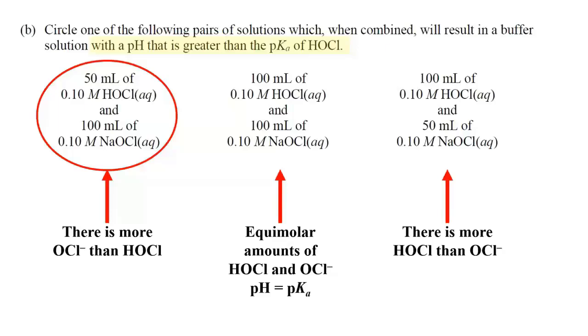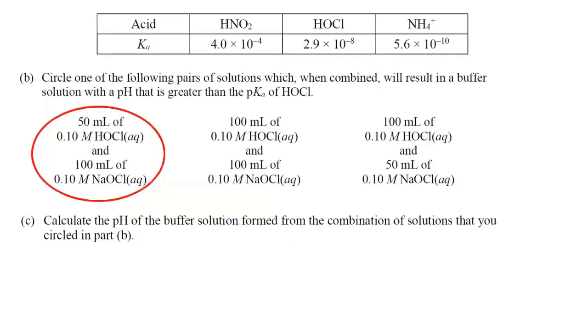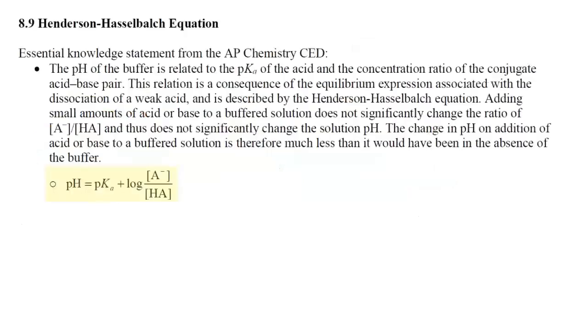And now, moving on from part B to part C, we actually need to do the calculation. So in part C, it says calculate the pH of the buffer solution formed from the combination of solutions that you circled in part B. So to answer part C of this question, we need to apply the Henderson-Hasselbalch equation. So take a look on this slide.